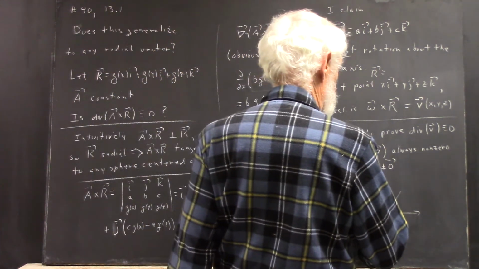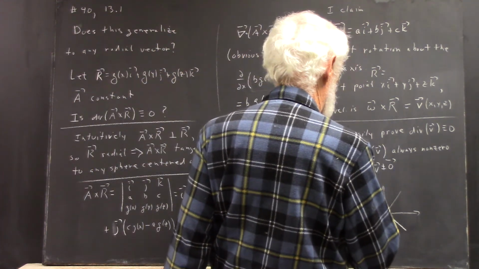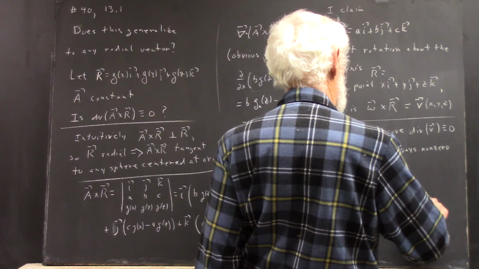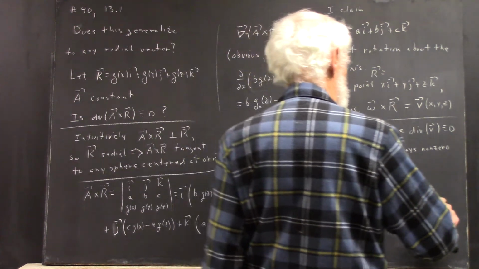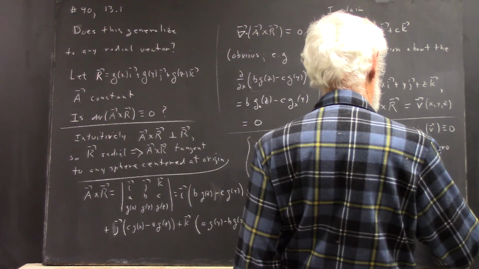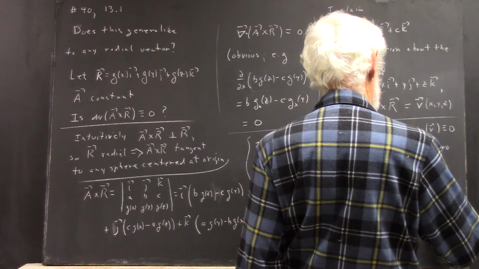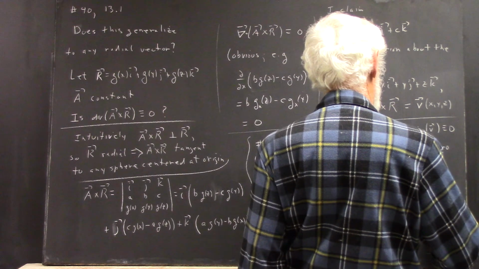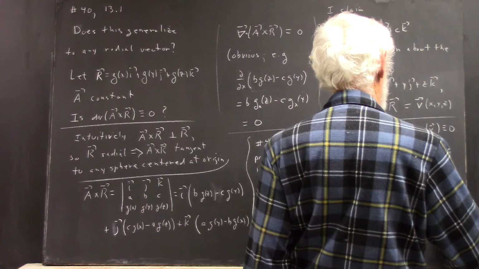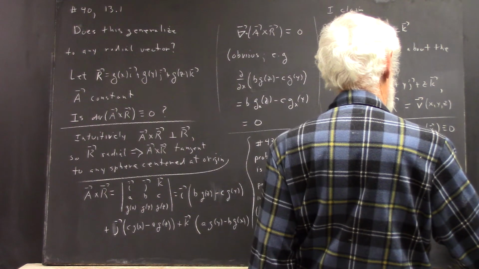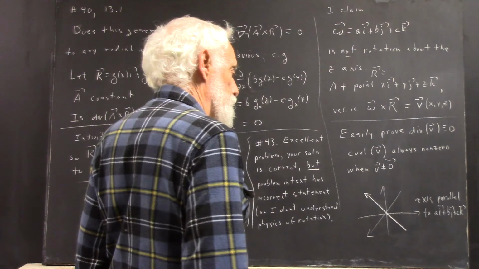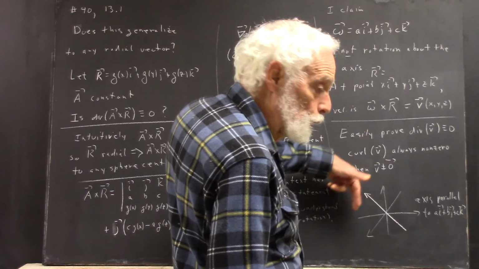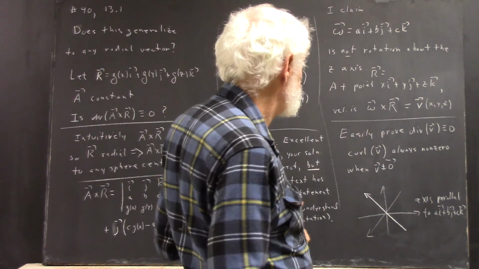Okay, so here you got your axis through the origin, parallel to ai plus bj plus ck, then you got this thing rotating about this axis.